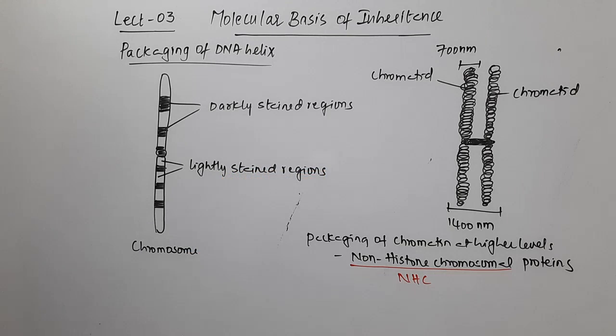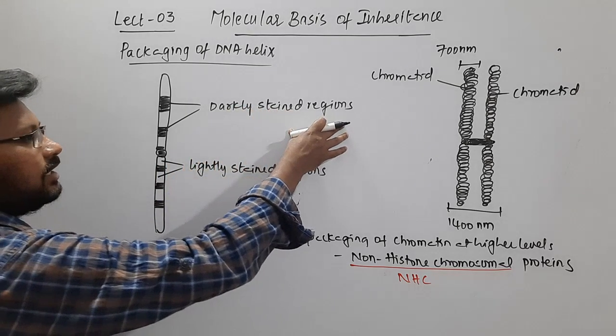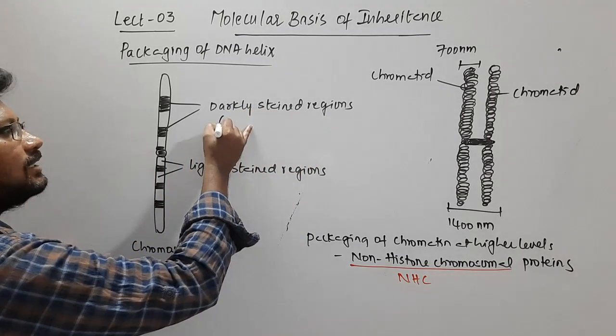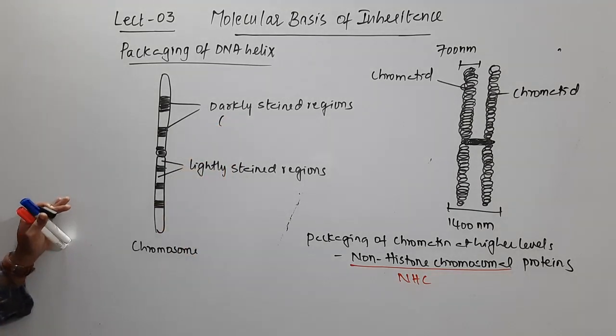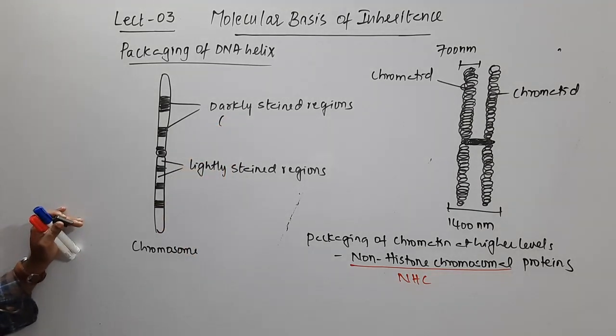So when I applied stain, we can see that the chromosome shows some darkly stained regions and lightly stained regions. So what about these darkly stained regions? Here, in case of darkly stained regions, we see that there is a tight packing of DNA.